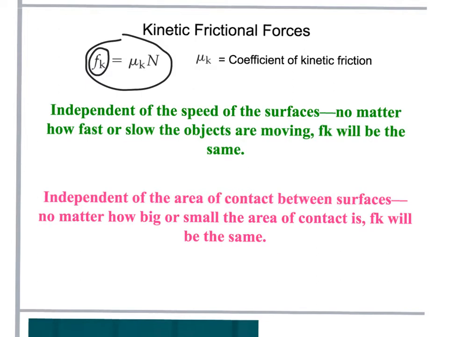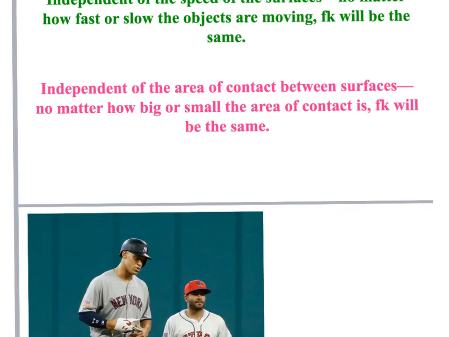The velocity and speed are not a part of the equation. And same thing with area, independent of the area of contact between the surfaces. So no matter how big or small the area of contact is, f sub k is going to be the same. And again, we can see that in our equation where area is not a factor. So f sub k consequently does not depend on it.